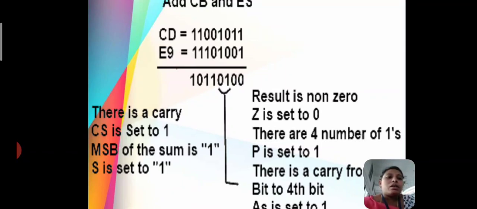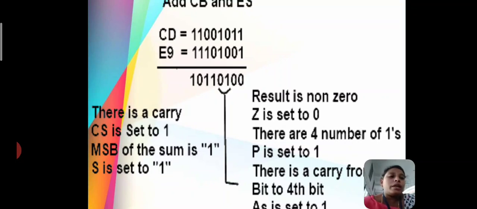Next, parity flag. If we get the result with an even number of ones, then the parity flag is set to 1. If we do not get an even number of ones, then the parity flag is reset, meaning it is 0. We see in the result there are 4 ones. That means an even number of ones, 4 being an even number.